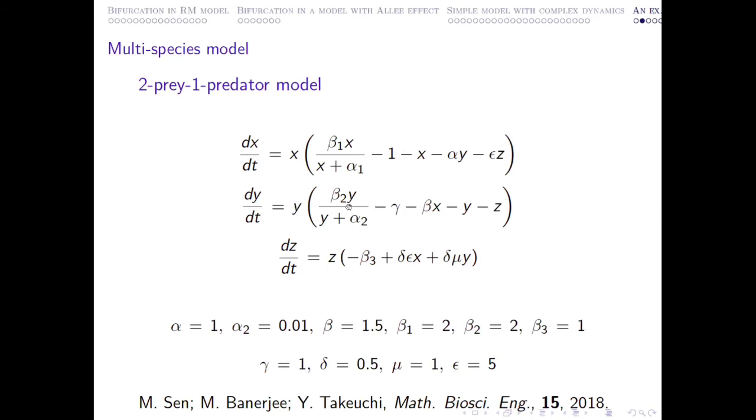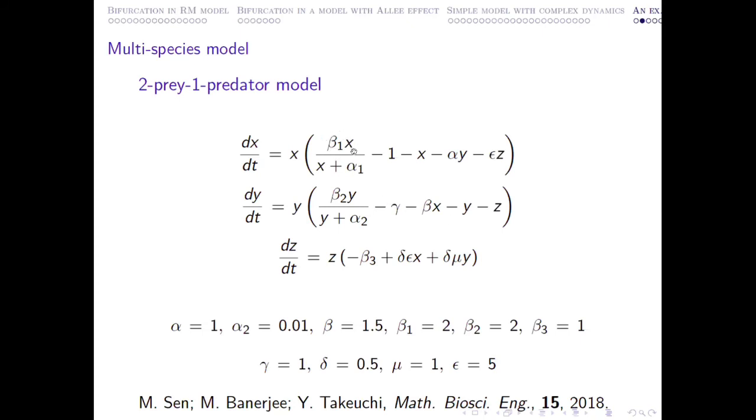So if alpha 1 and alpha 2 are equal to 0, then this is nothing but the classical Lotka-Volterra two-prey one-predator model. This model was explained in detail in the book by Professor Takeuchi. Now you forget about this jet component.